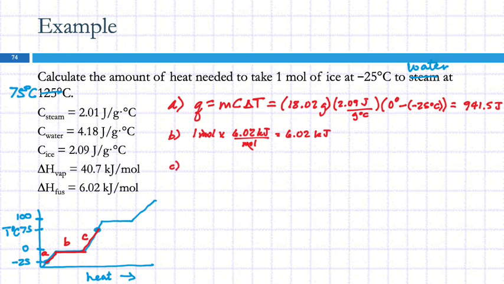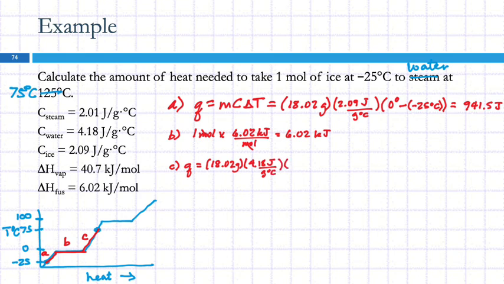For C, we're back to Q equals mc delta T. The mass is the same, 18.02 grams. Now we have liquid water, so we're going to use 4.18 joules per gram degrees Celsius.